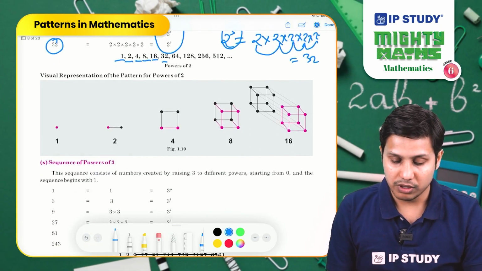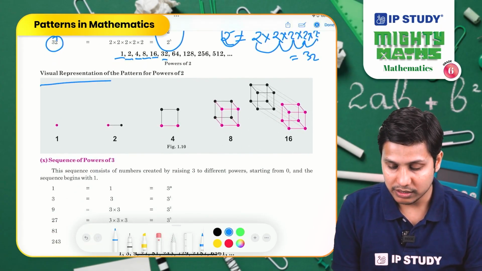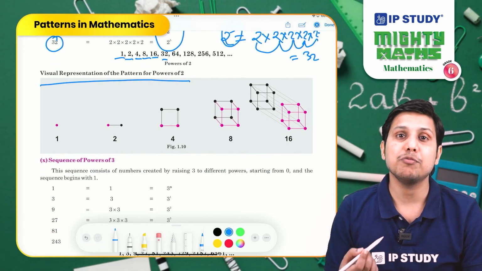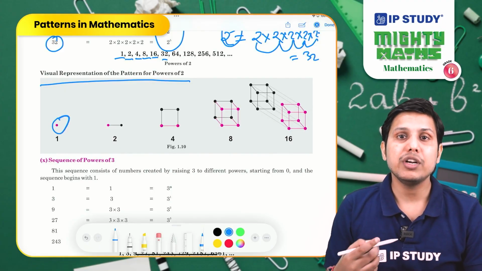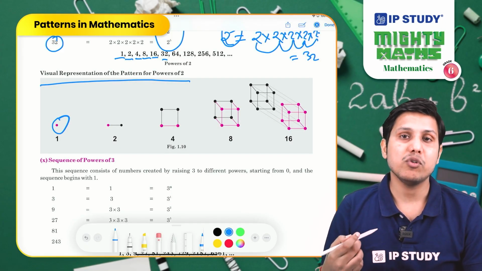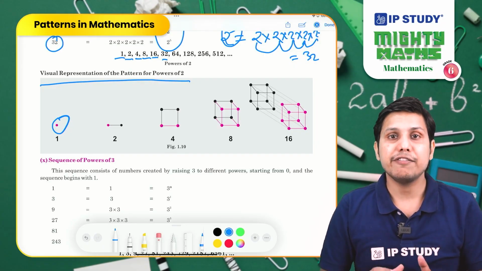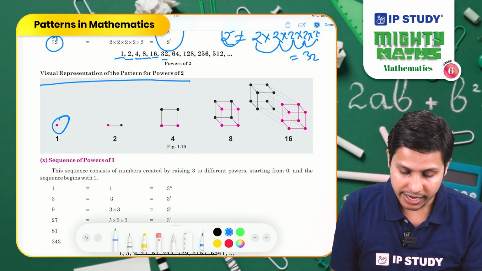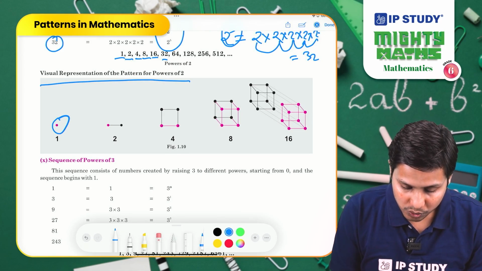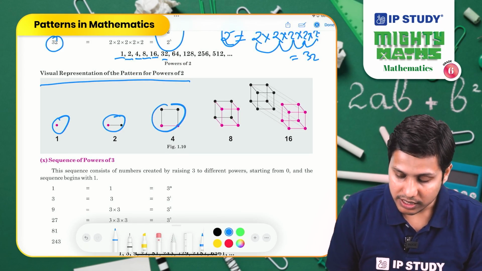Now students, for the visual representation of the sequence of powers of 2, we use dots. We use two different colored dots to show the difference that is happening at every stage. Like here we have 2 dots, then 4 dots, then 8 dots.